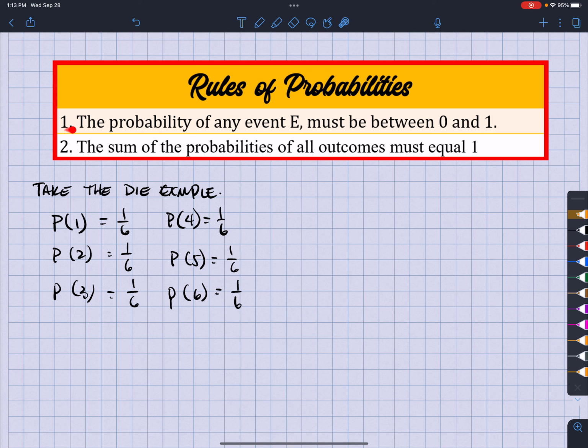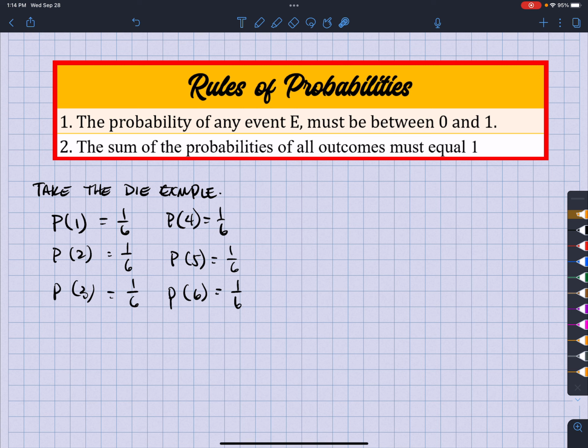So based on rule number 1, each probability has to be between 0 and 1. As you notice, every one is 1/6, which is between 0 and 1. For the second rule, the sum of the probabilities must equal 1. So 1/6 plus 1/6 plus 1/6 plus 1/6 plus 1/6 plus 1/6 must equal 1.